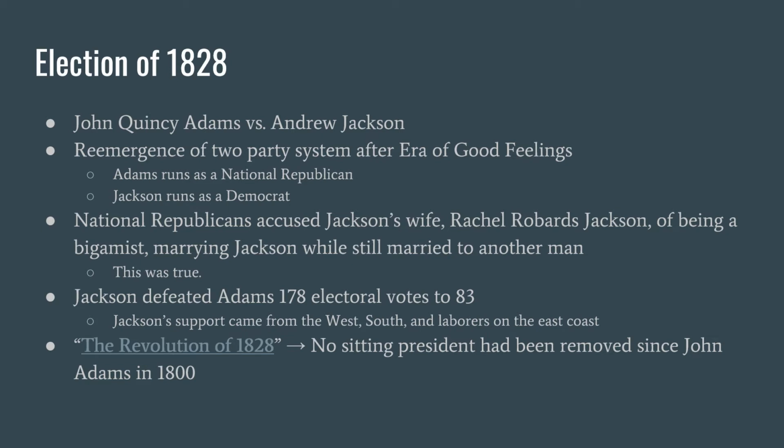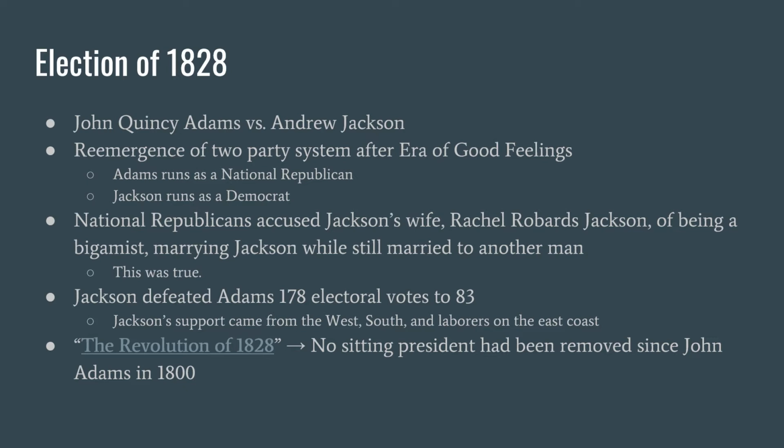So moving on to the election of 1828, it is a rematch between John Quincy Adams and Andrew Jackson. And this is the reemergence of a two-party system after that era of good feelings.